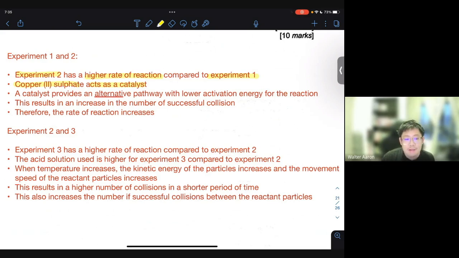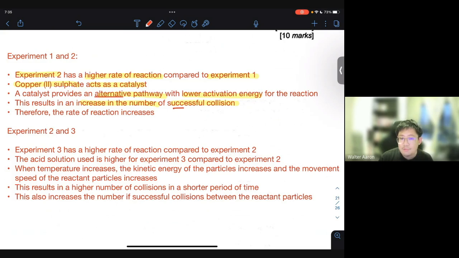And then we have to explain how the catalyst works in terms of the collision theory. We say that it provides an alternative pathway with a lower activation energy for the reaction to proceed forward. And then we mention that there is an increase in the number of successful collisions. The dangerous part is that sometimes students don't know that catalysts do not increase the number of collisions. They only increase the number of successful collisions, or effective collisions, as we call it.